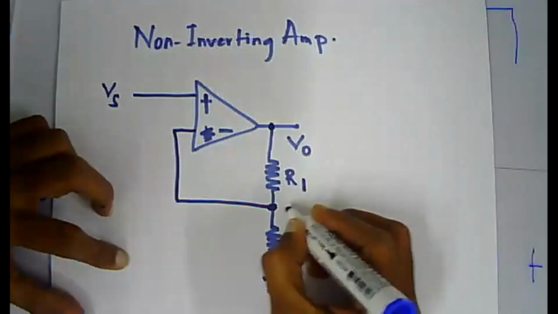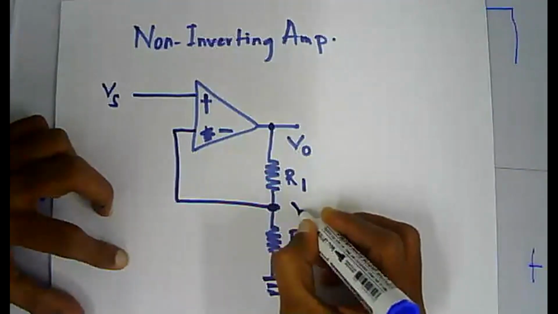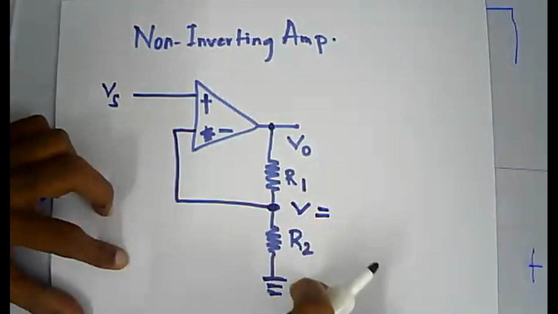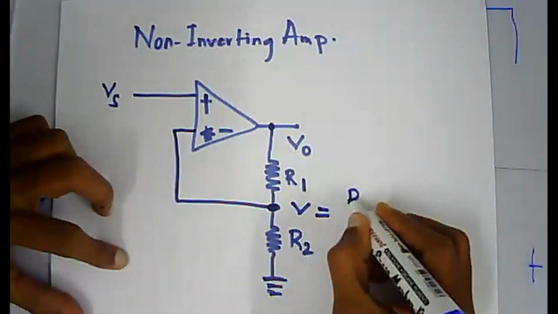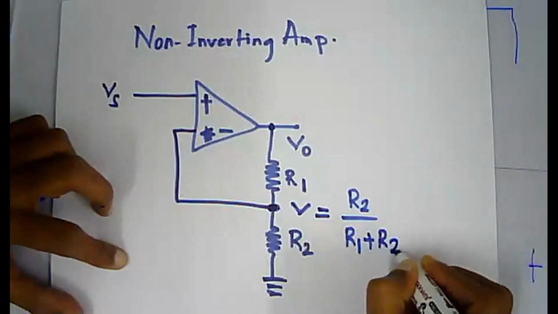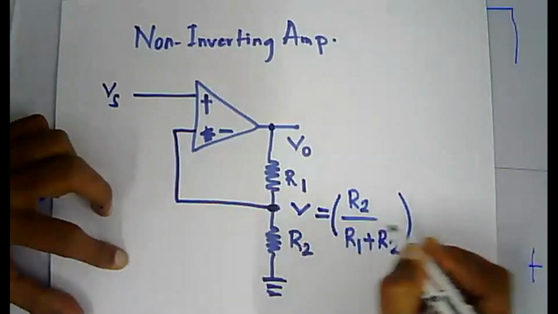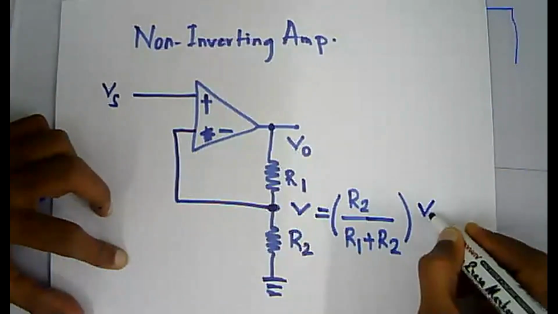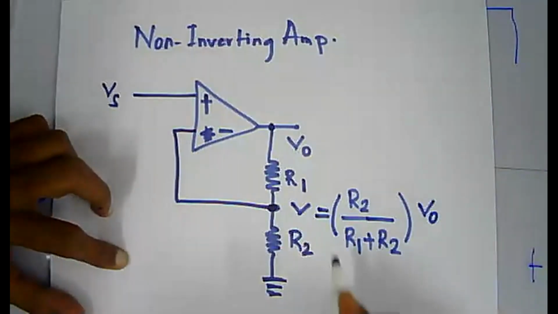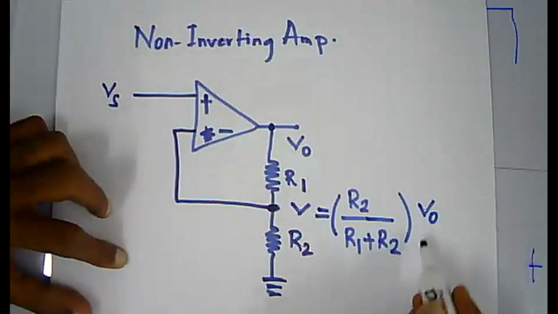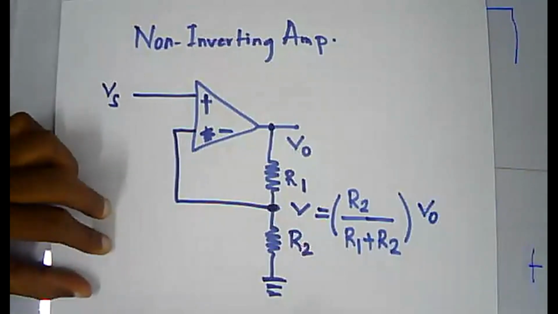If you take the voltage at this point, V equals R2 over R1 plus R2 into V out minus 0. Am I right? Minus 0, we can leave it. So your V equals R2 over R1 plus R2 into V out.